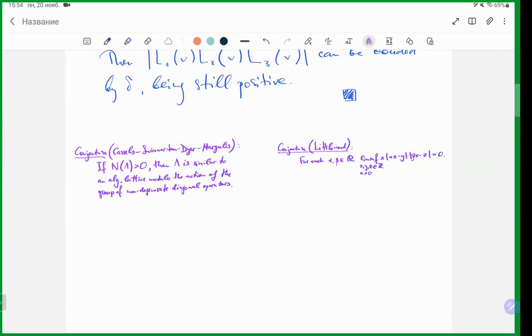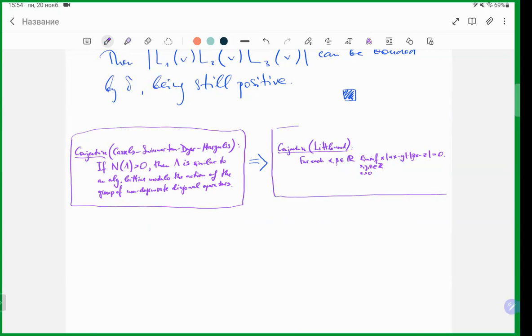Now, what I want to do now is to prove that if this statement is true, then so is this one. Okay, assume that there is a counterexample to Littlewood's conjecture.